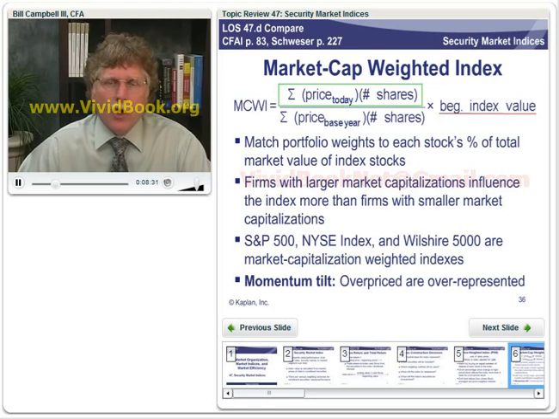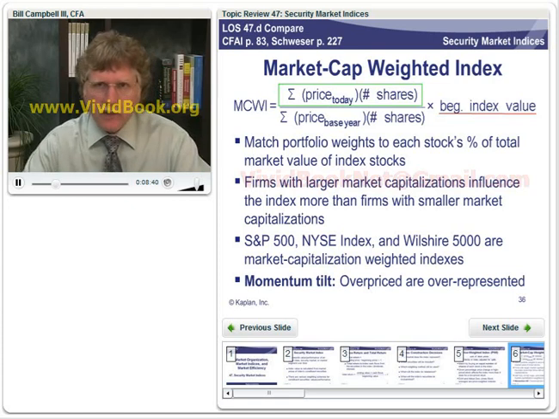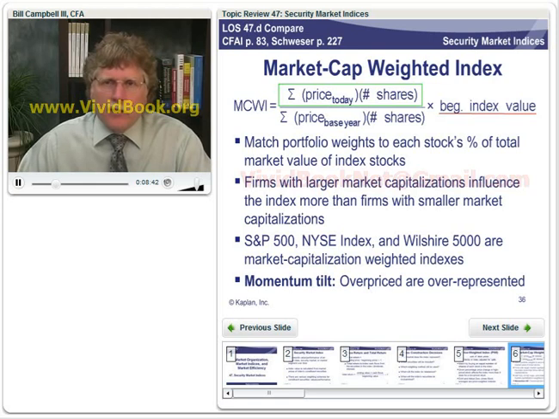So it's the total market cap for stock A and the total market cap for stock B and the total market cap for stock C. Add those all up, divide that by the total market cap for all of our stocks the day that we started the index, multiply that ratio by the beginning index value, that's the current index value.